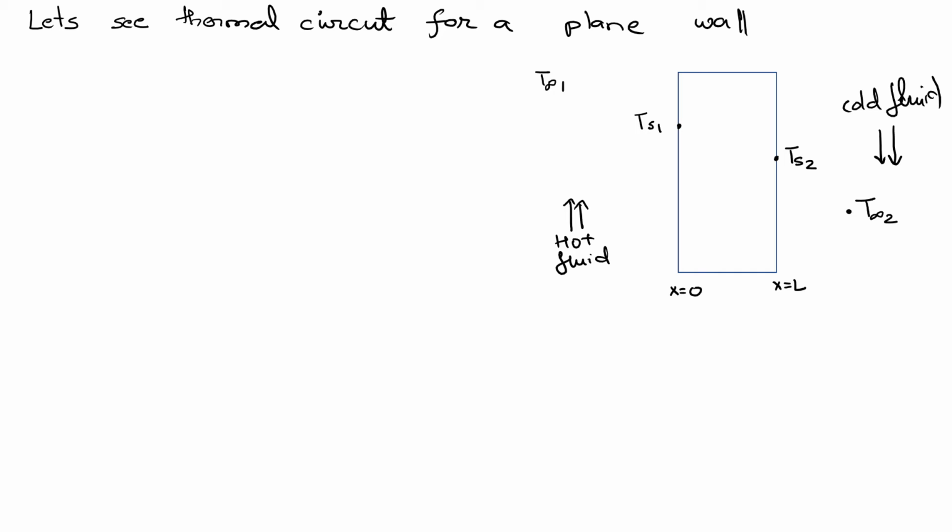Okay, and because it's a one-dimensional steady state conduction, let's assume that heat is flowing only in the x direction. So we have heat transfer rate in the x direction.